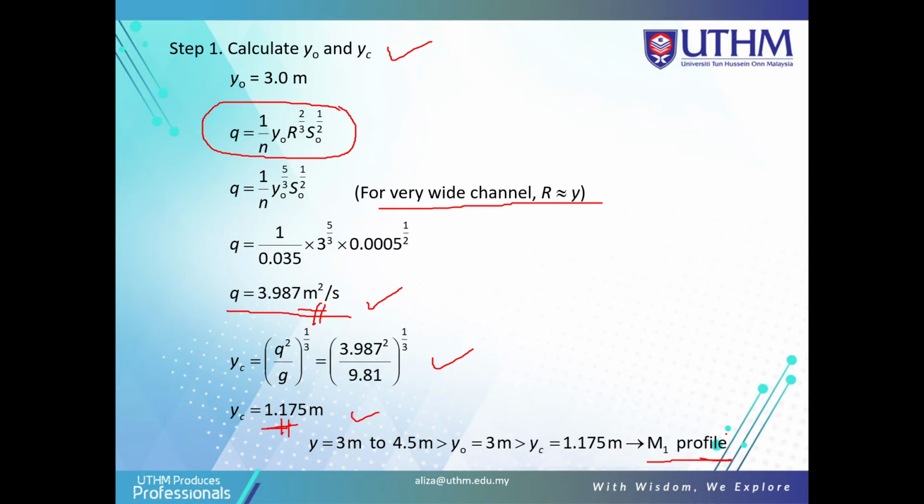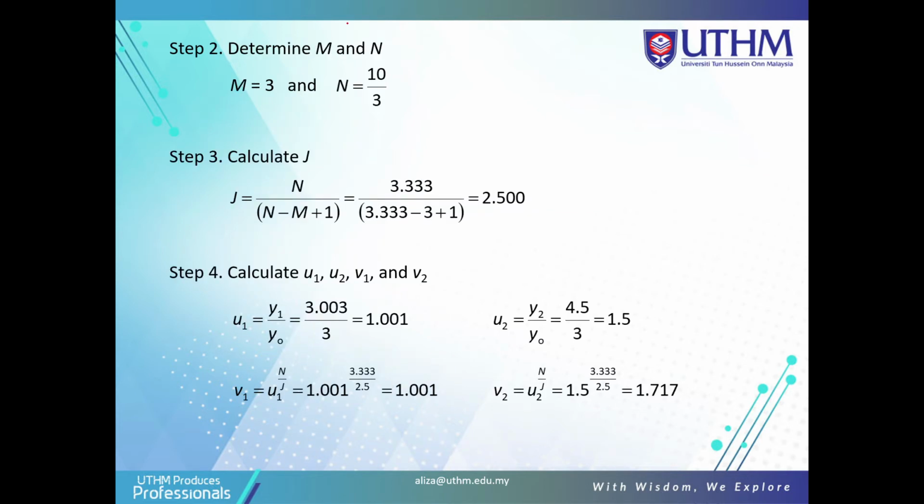You must know the profile of GVF. Step 2, determine M and N. Because this is rectangular, M is 3 and N is 10 over 3. This is given at the previous slide.